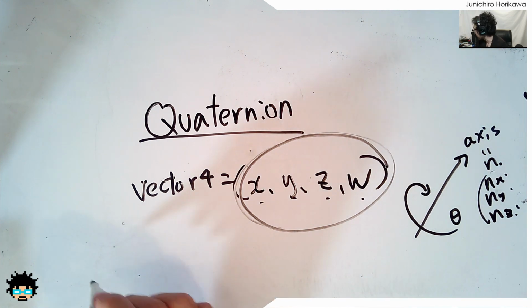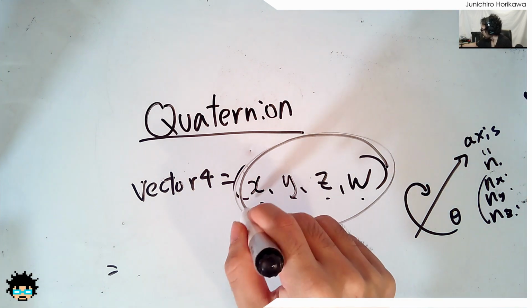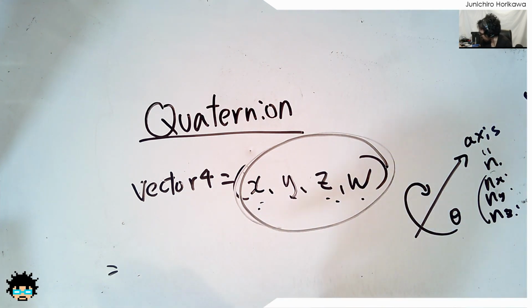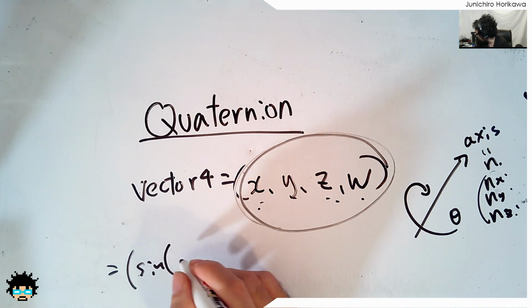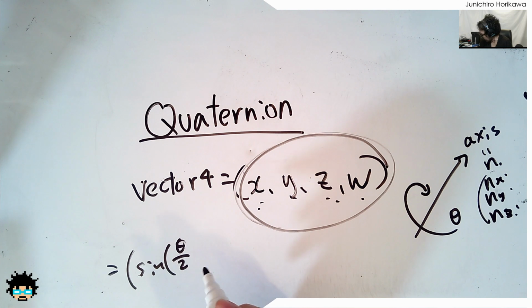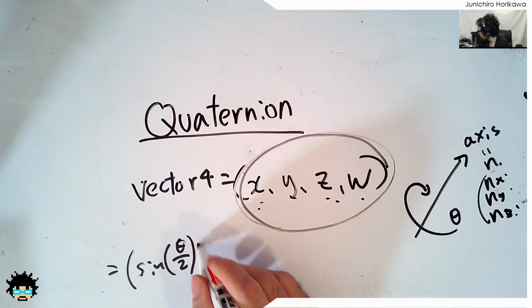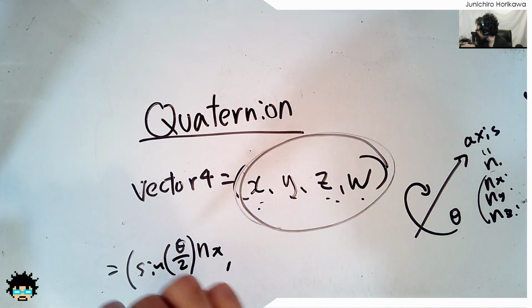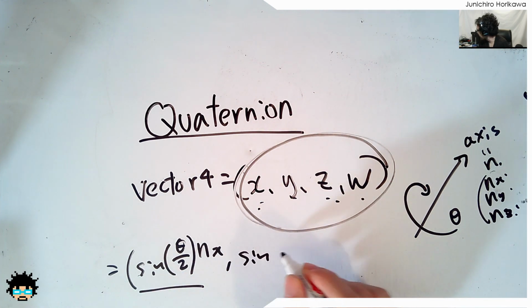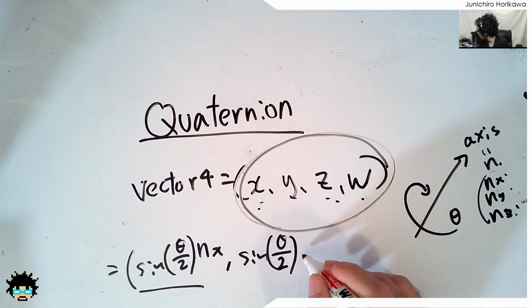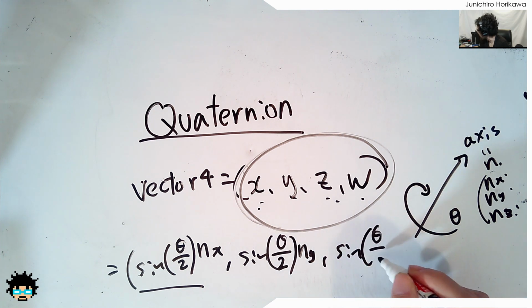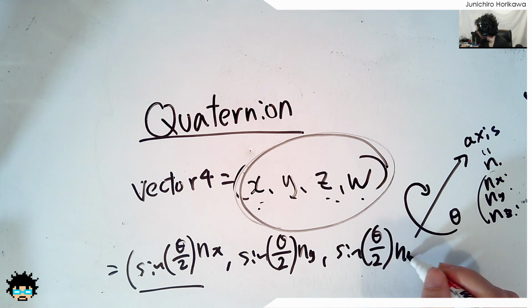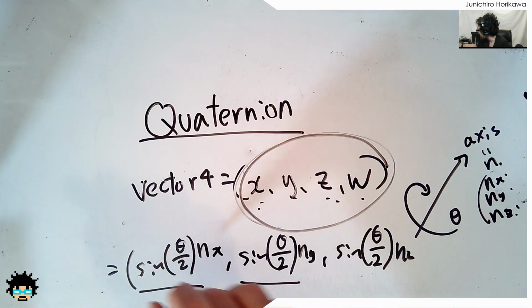Okay, and by doing it, we can express this x, y, z, w with four equations. First of all, sine phi divided by 2 multiplied by nx, that will be the x value. Sine theta divided by 2 multiplied by ny, and sine theta divided by 2 multiplied by nz, that is the x, y, z value.